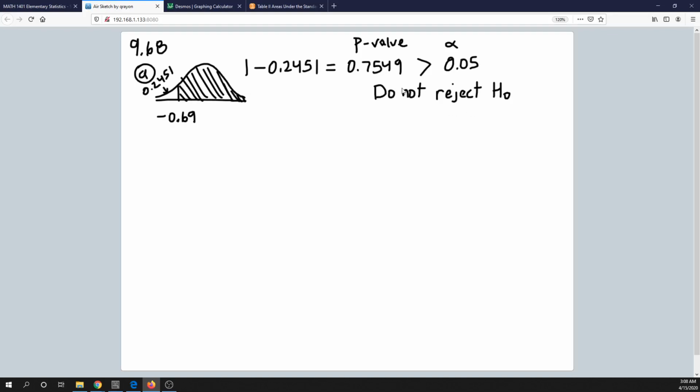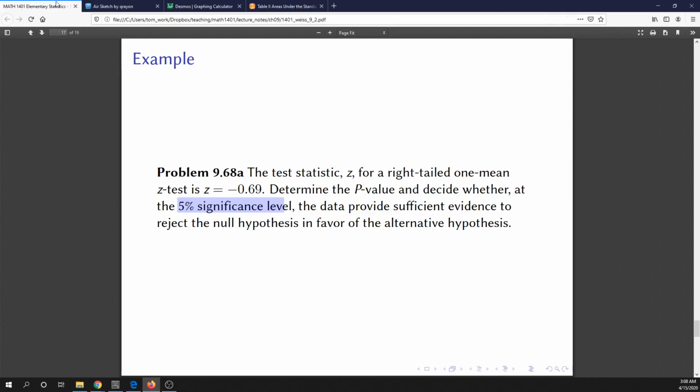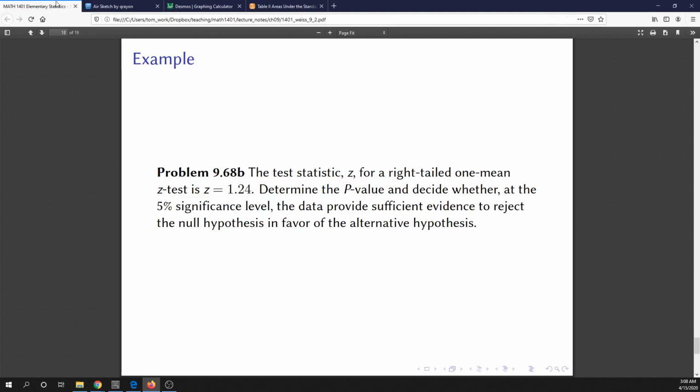All right, part B. Same problem, we're looking at a right-tailed test. And the z value that they give us is 1.24.